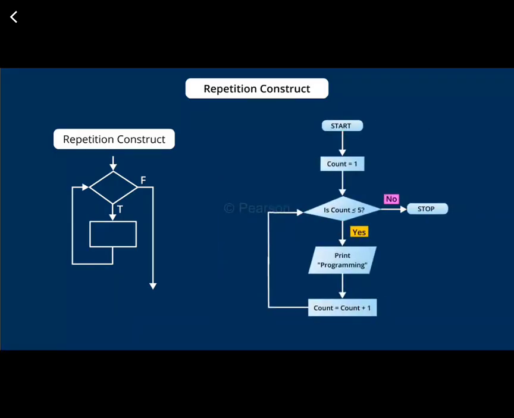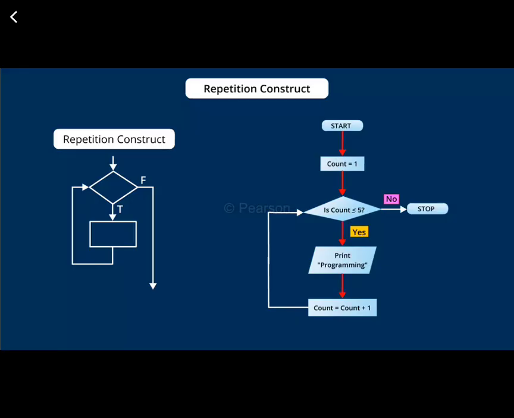In computer programming, displaying the word "programming" 5 times is executed by using the repetition construct. The counter is initialized with the count as 1. It meets the given conditions that the count is less than or equal to 5 and prints the word "programming."